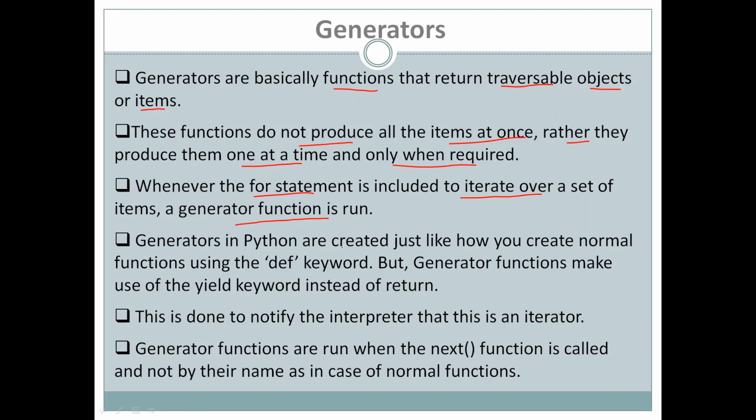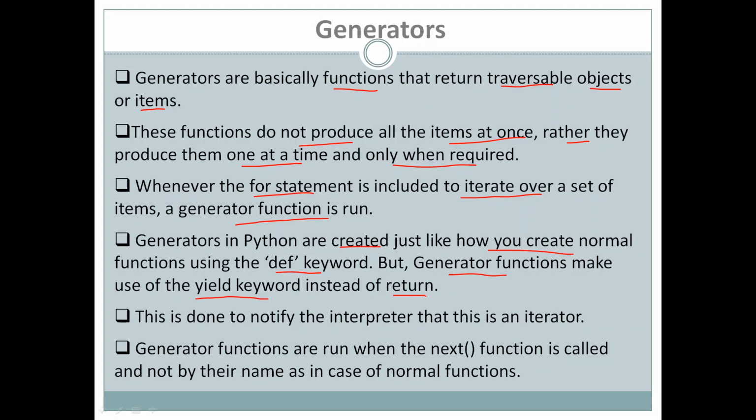Generators in Python are created just like how you create a normal function using the def keyword. As I've said earlier also, generators are created like a normal function. Generator functions make use of the yield keyword instead of the return keyword.